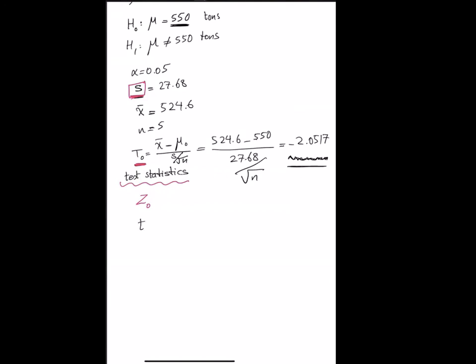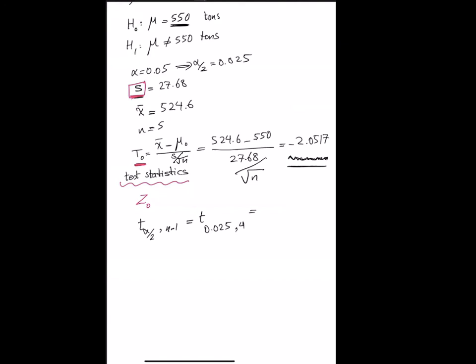For a two-sided test, I have to look at T of alpha over 2 and N minus 1. Given the fact that alpha is 5%, alpha over 2 is 0.025. And N minus 1 is 5 minus 1, which is 4.